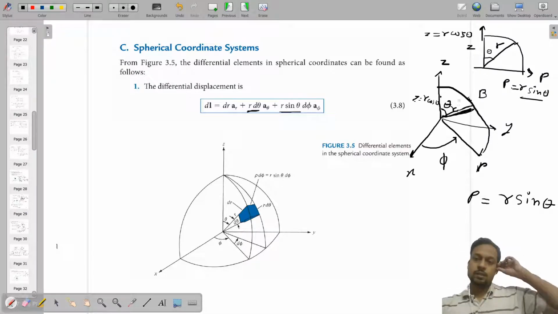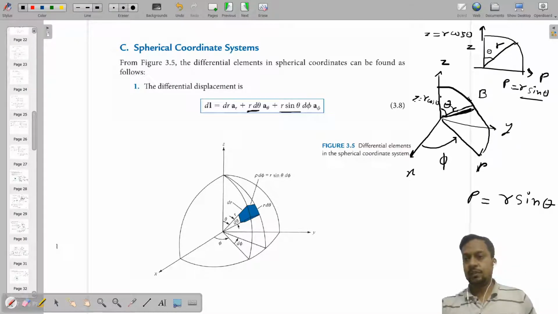Since these lengths are in different directions, we have to represent one in terms of the other, that is z in terms of r and p in terms of r. So we have p equal to r sin theta. Now phi.